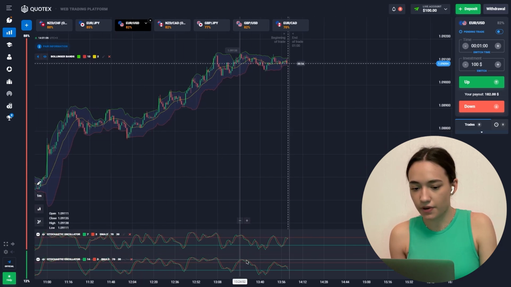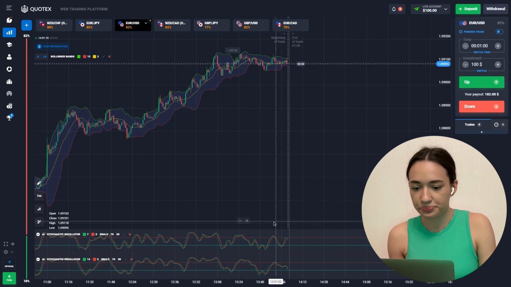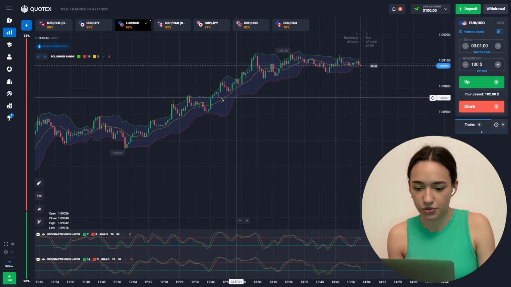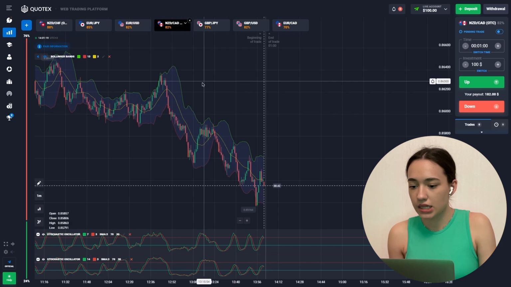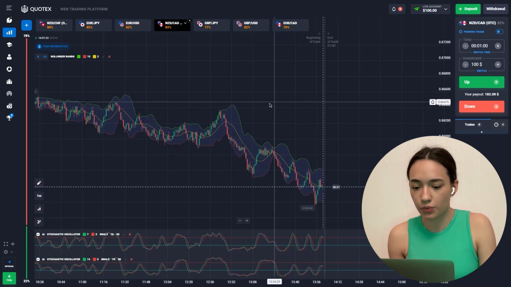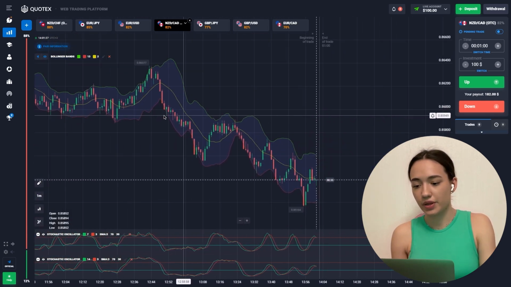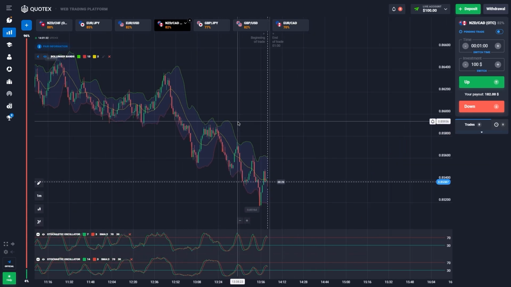Upper stochastic is faster and the lower stochastic is slower. I mean the upper is more sensitive to price and the lower is less sensitive to price. So today we'll play with that strategy, and let's not hold back. You will see how to trade correctly with these indicators during my trading session. And let's start and pick the most suitable currency pair.